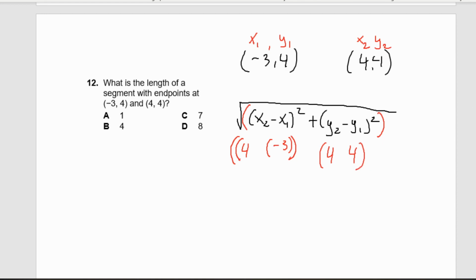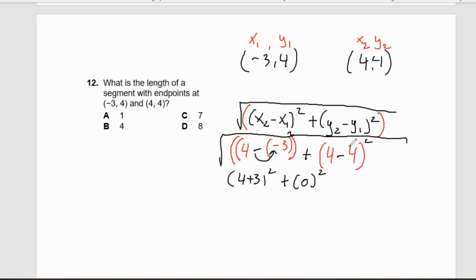And now I'm going to go back and fill out the rest of the equation. There is my protected minus sign so that I don't confuse it with a -3 and accidentally make that +3. I mean -3 when it should be +3. So now a negative and a negative being subtracted just becomes 4 plus 3, all squared, plus 4 minus 4 is 0 squared.